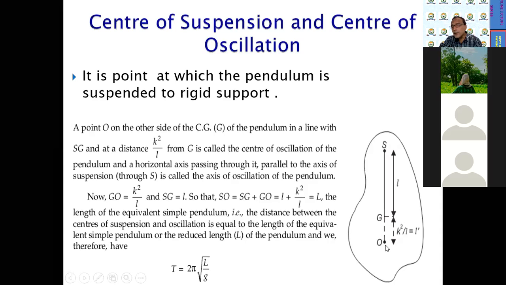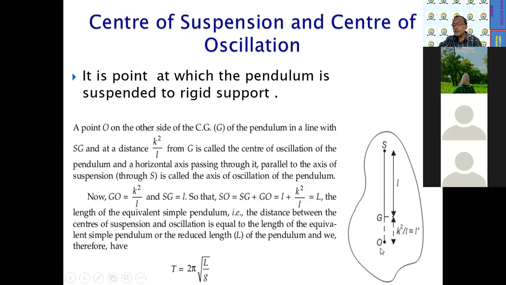Below the center of gravity, at some distance, there is another point which oscillates, and that point is called what? Oscillation point, the center of oscillation. The distance between the center of oscillation and the center of gravity is k square upon L, equal to L dash, isn't it? Yes.